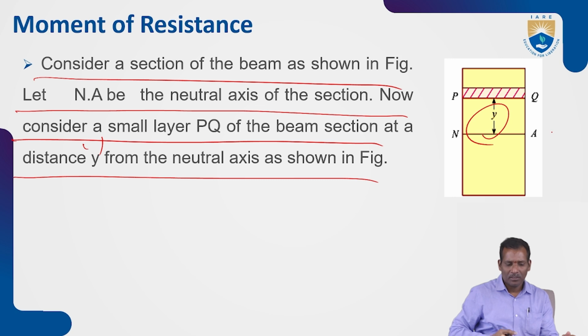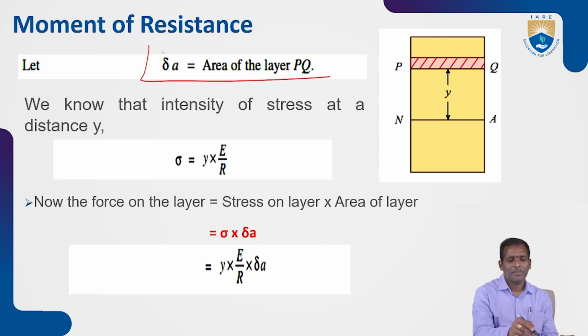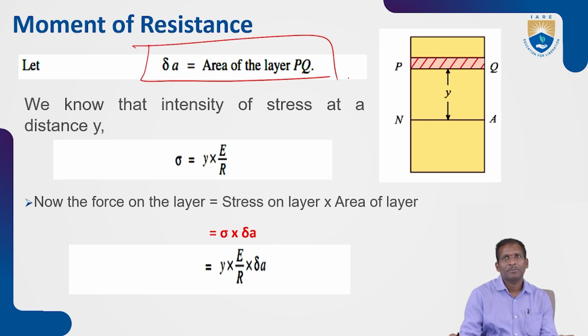So y is the distance from the neutral axis, as shown in this figure. Here, for the moment of resistance, we already calculated the intensity of stress at a distance y, with delta A taken as the area of the layer PQ.